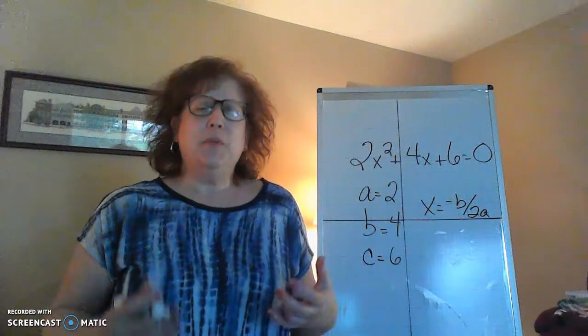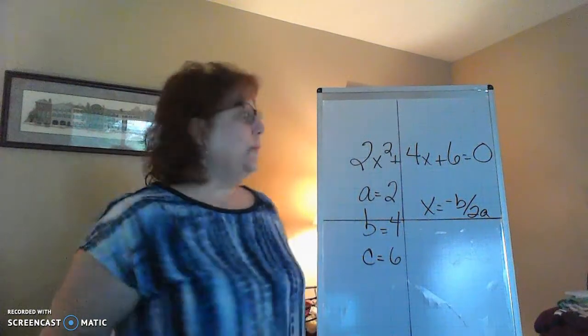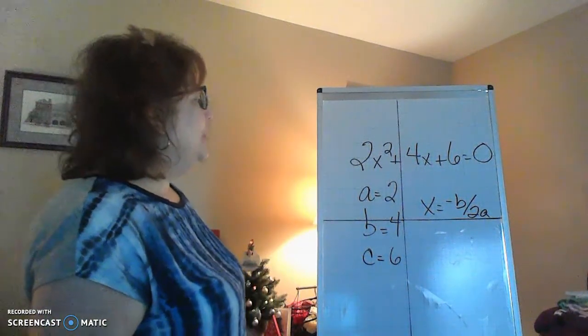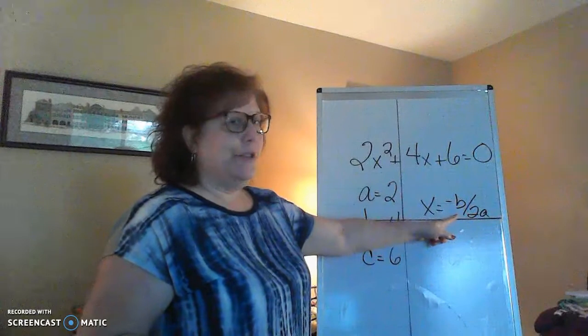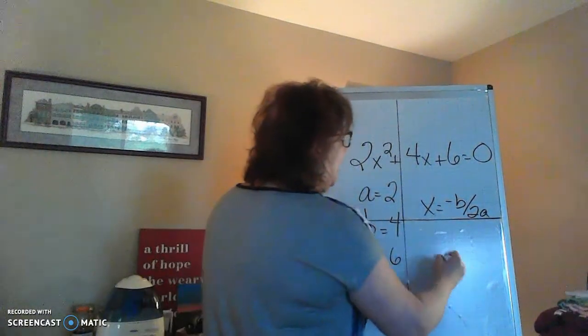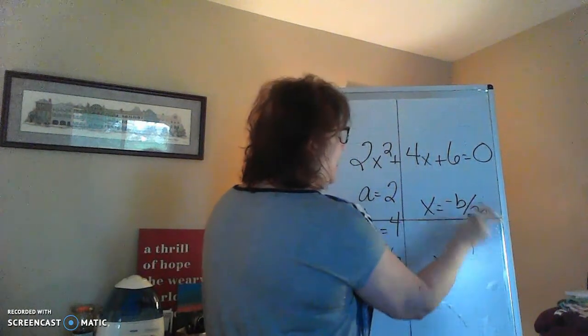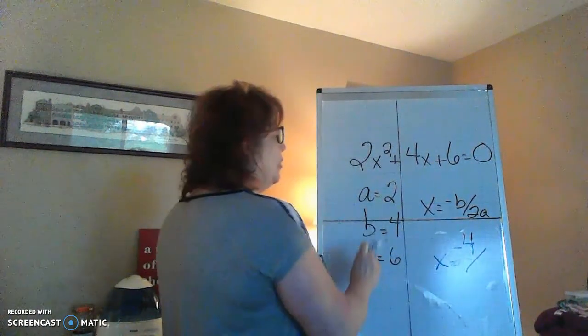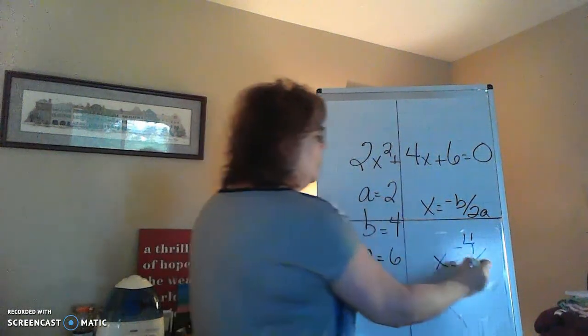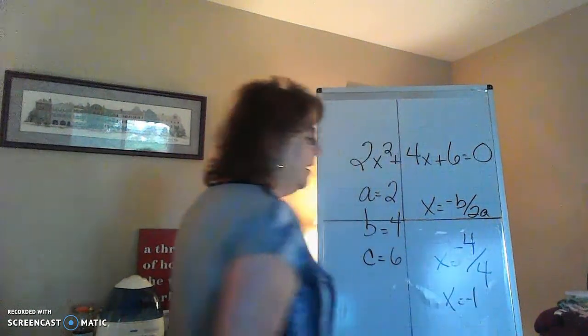And that's important because remember, on either side of the vertex are mirror images. And so in order to get this, we use these. So x is going to be negative 4, because here's that negative, over 2 times 2, which is 4. Our vertex is going to be negative 1.